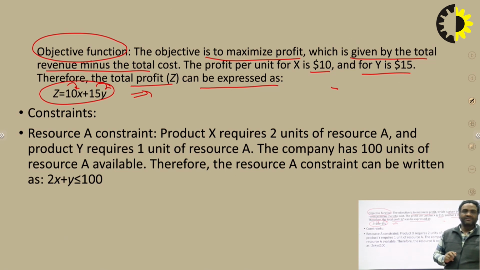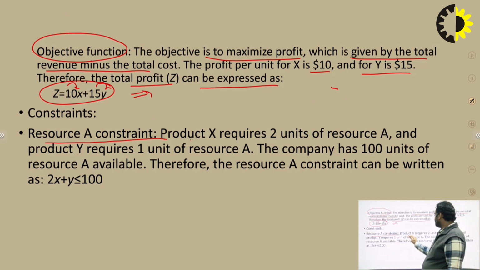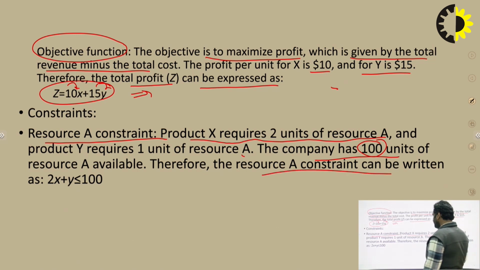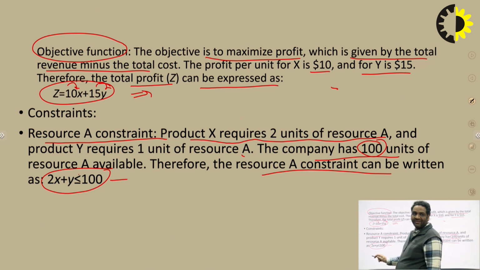Now the last thing is constraints. What are the constraints? Let's see. Resource A constraint: product X requires 2 units of resource A and product Y requires 1 unit of resource A. The company has 100 units of resource A available. Therefore, the equation will be 2x + y, which always remains less than or equal to 100.